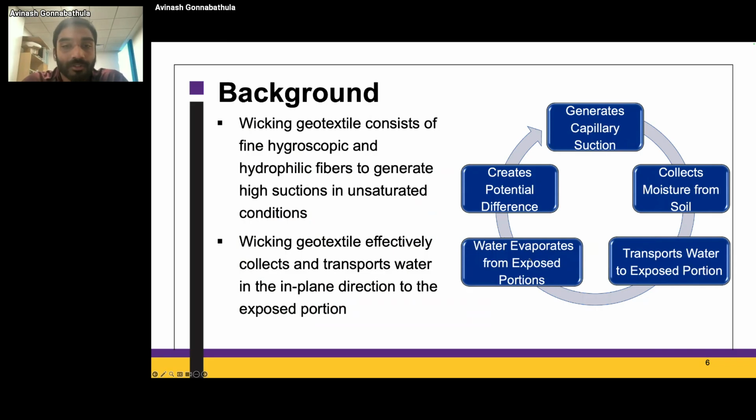Once the water reaches the exposed portion, the water evaporates because of the surrounding climatic conditions and the relative humidity. As the water evaporates, the geotextile dries out and again starts to create a potential difference, starting the cycle again.